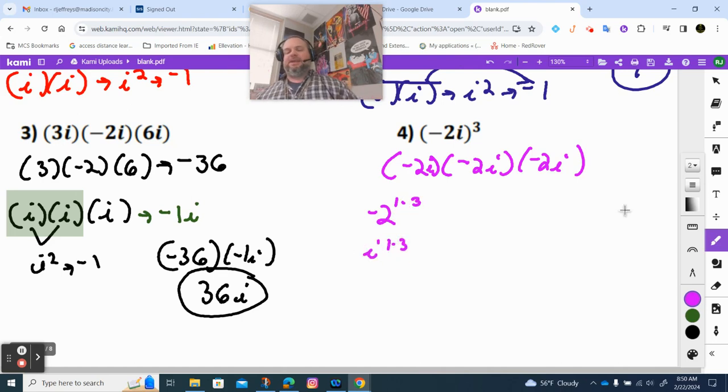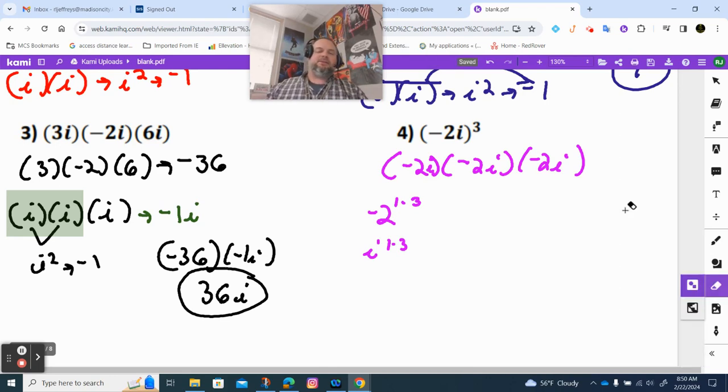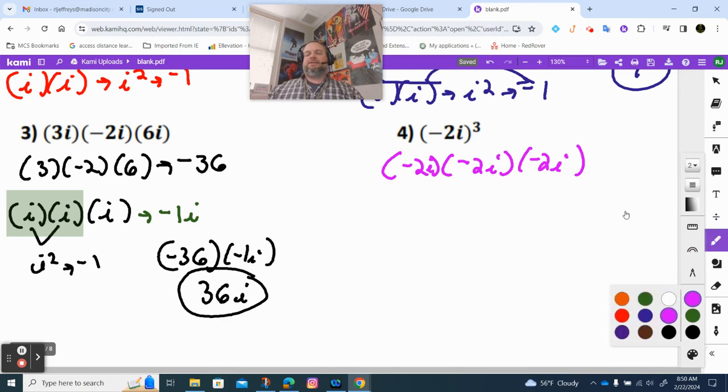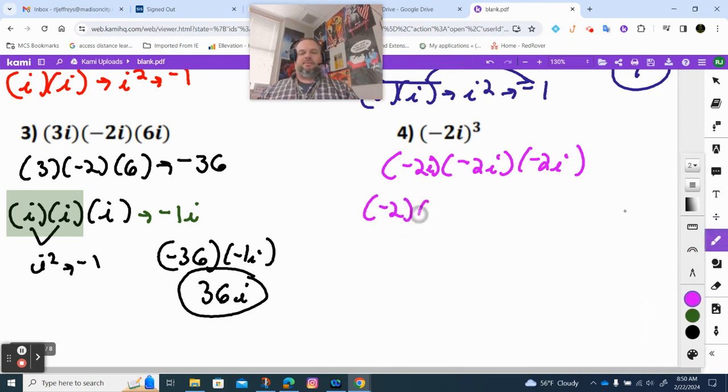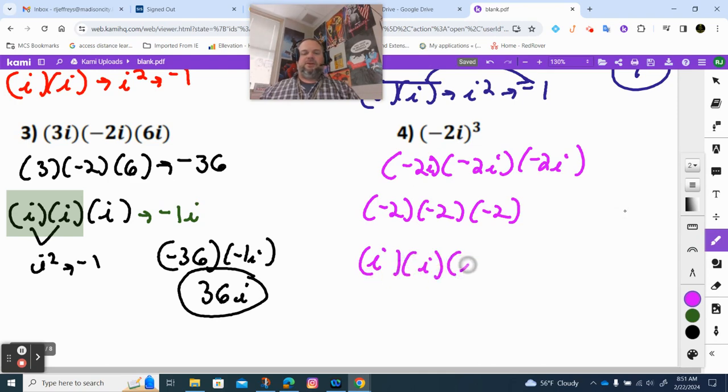There's multiple different methods. Basically, this is all it boils down to. You're going to have 3 negative 2's multiplied by each other. And just like the fish around the nuclear plant, you're going to have 3 eyes.